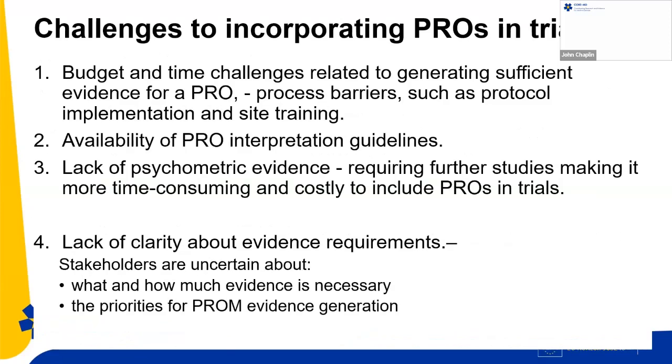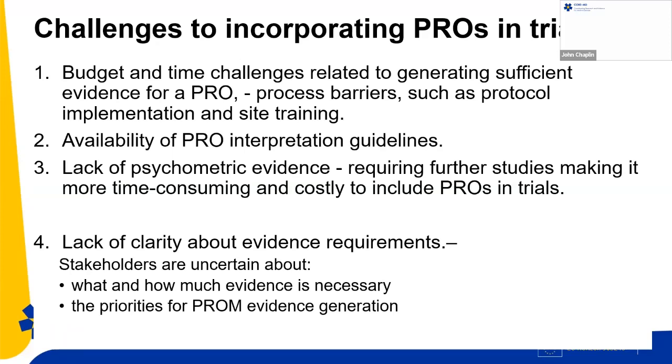There are, however, a number of challenges that need to be considered. There are budget and time challenges. The collection of patient-reported outcomes poses some process barriers, such as protocol implementation and site training. There is not always good availability of interpretation guidelines for the results, and often in the studies that we looked at, a simple score is given with no real interpretation of what the score is related to or how we can interpret it.